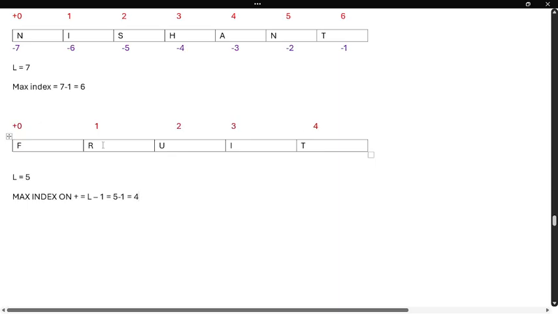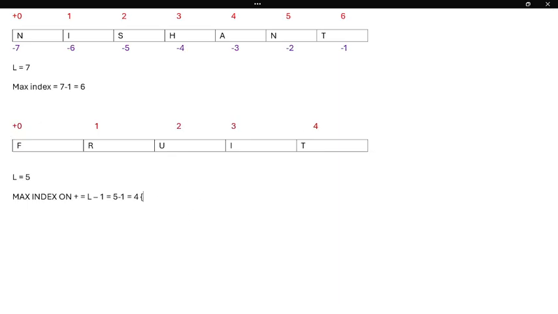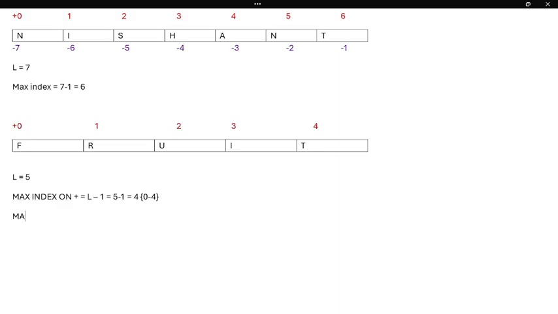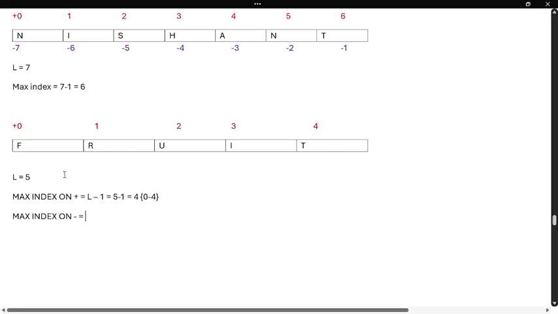So the range is 0 to 4. Now what is the max index on negative, sir?